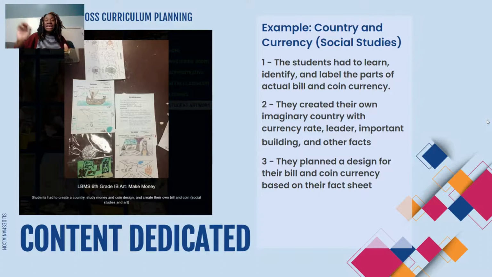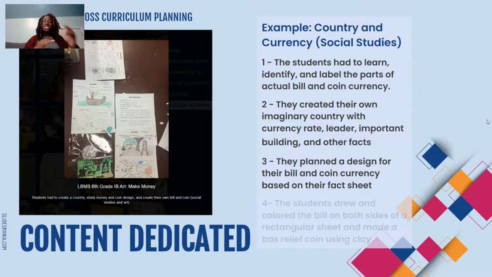They had to have the leader or a celebrity or some kind of important figure or symbol. They had to have either a building or an important event on their bill, things like that, that's directly related to what they studied with their currency.